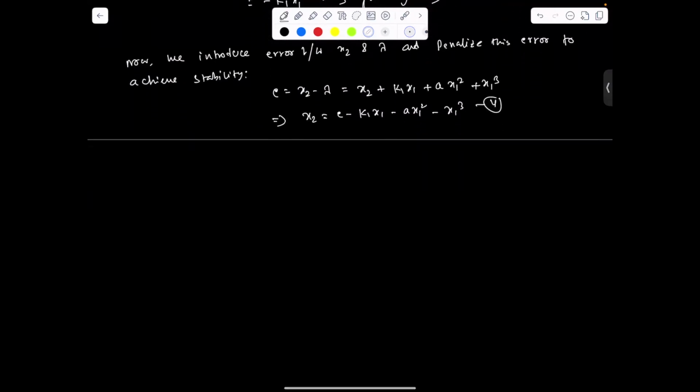Now we'll define the x1 dynamics in terms of the error we have defined here. The same steps we followed in the last example, in the last lecture.